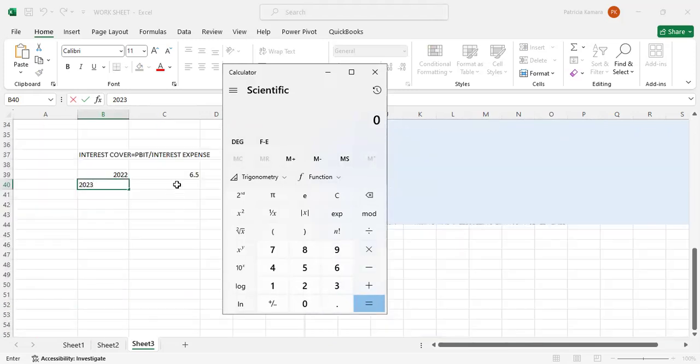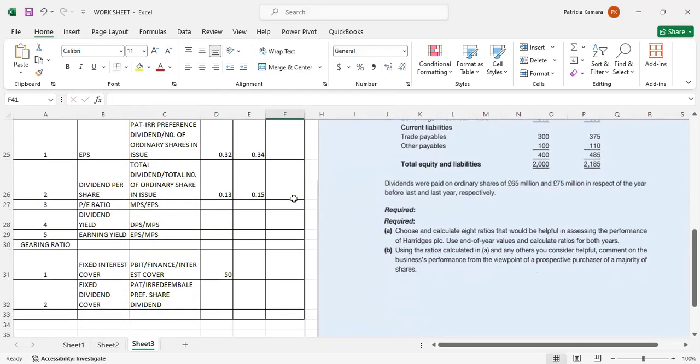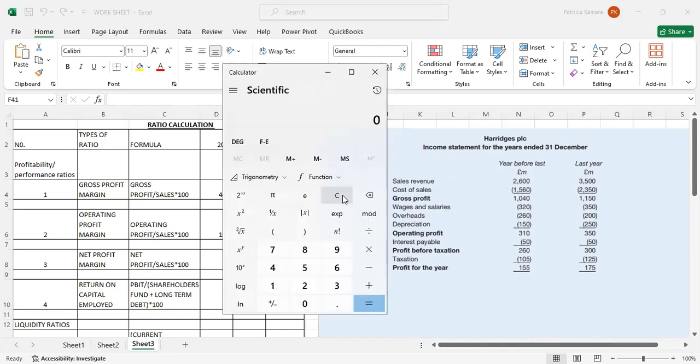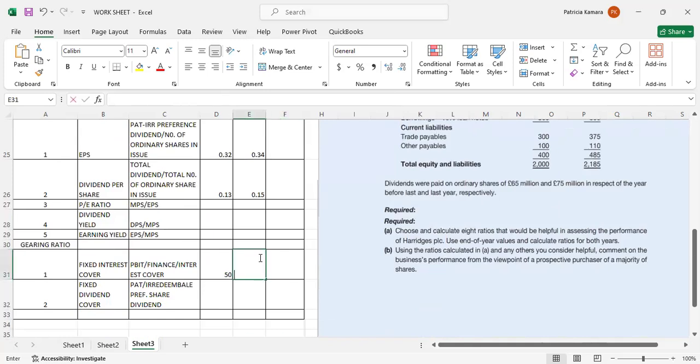Now we are supposed to calculate the fixed interest cover. This will be profit before interest and tax, 350, divided by 7, giving us 50 as well. So this is fixed over the period. What does that tell you?